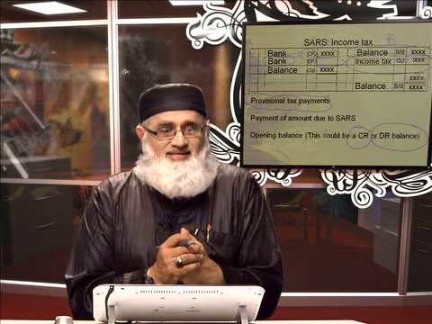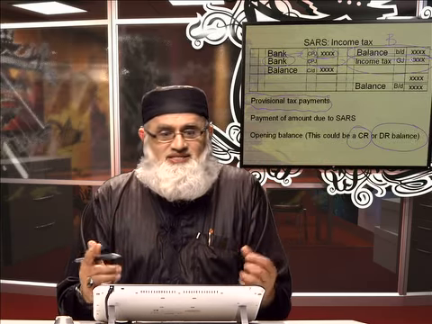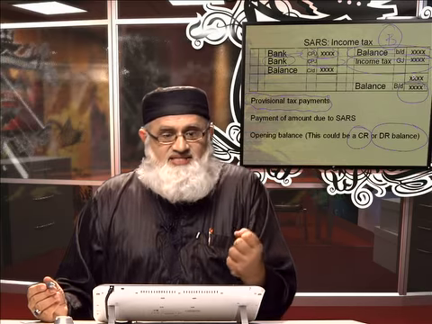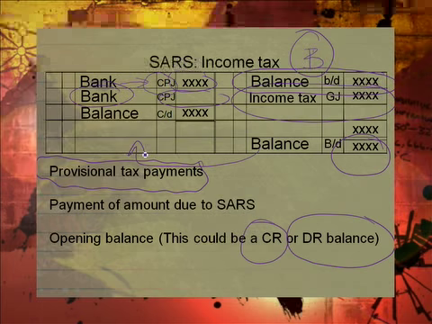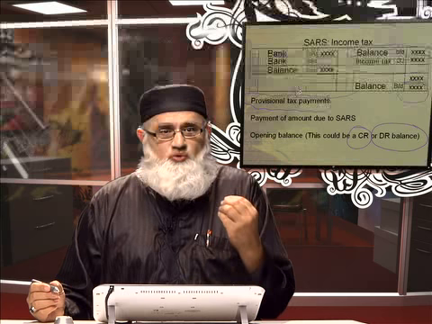Now, clearly, guys, look at your SARS income tax account. It needs to be balanced because it's a balance sheet account. And if it ends off with a credit balance, it means you are owing SARS money. If it has a debit balance, perchance, if that happens, then obviously your SARS income tax would be an asset account because that amount is what SARS owes us.